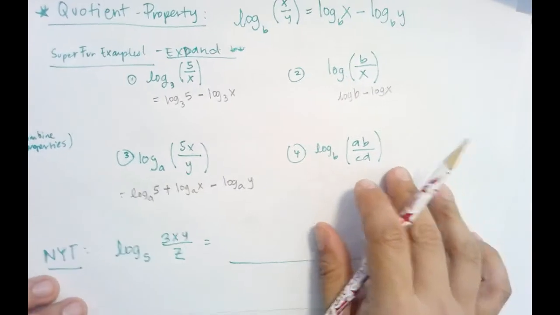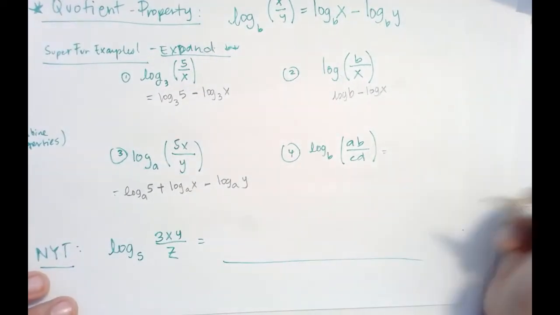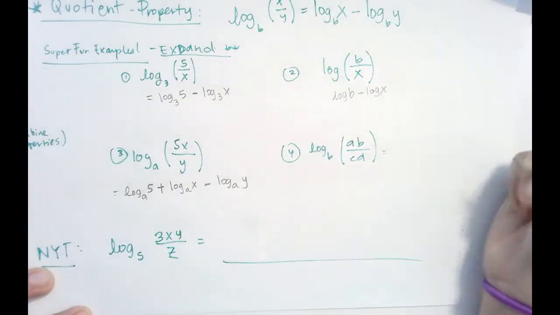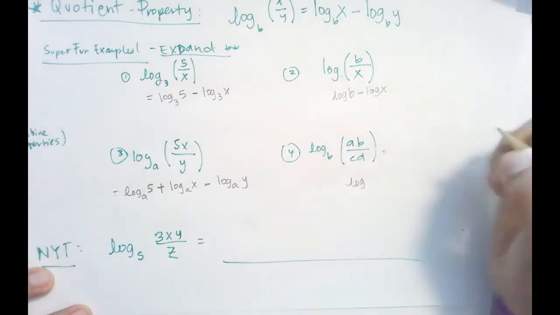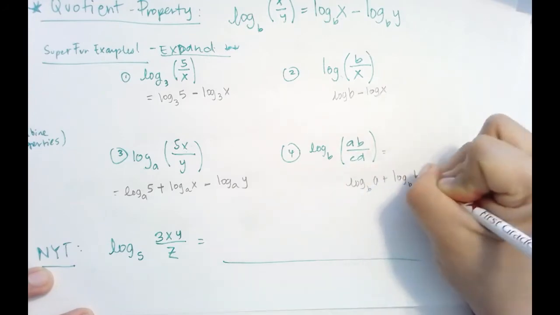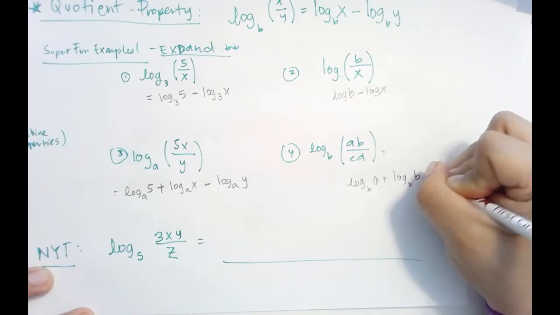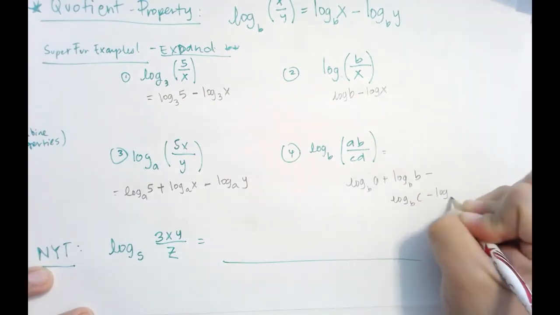So let's see if you guys can try this one. You can take 5 seconds or whatever, or pause this and try it on your own. But basically you would have log base b of a plus log base b of b. Well, this needs to be 1 actually. So log base b of c minus log base b of d.